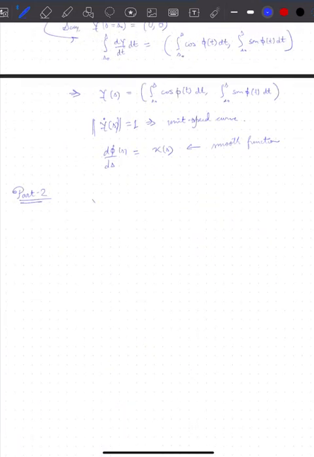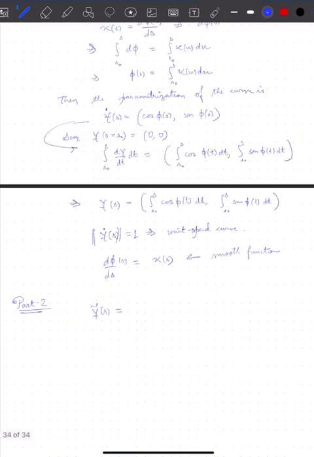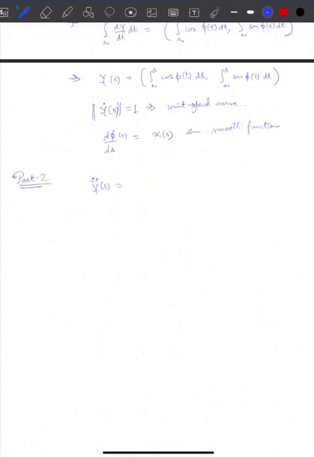And again, since gamma tilde is a unit speed curve, gamma tilde dot of S is of course equal to cosine phi tilde, comma sine phi tilde of S. Of course, there is a parameterization which has been discussed in a proposition above. So what this implies is that phi tilde is a turning angle for gamma tilde of S.